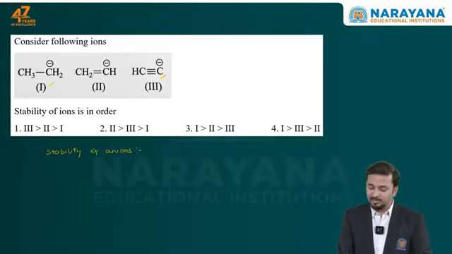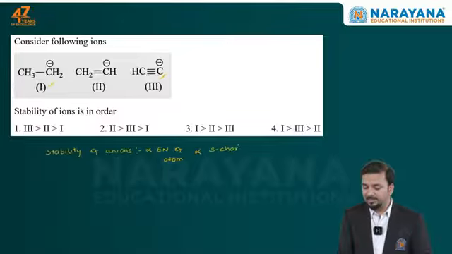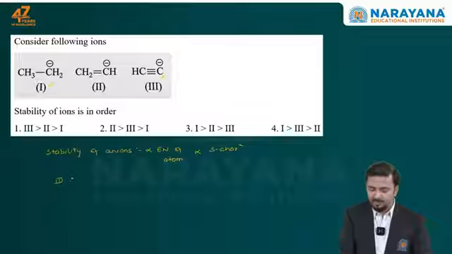So we can write that the stability of anions is directly proportional to the electronegativity of the atom, which ultimately is proportional to S character. More S character means more stability, and because of that 3 will be maximum stable, then 2, then 1.